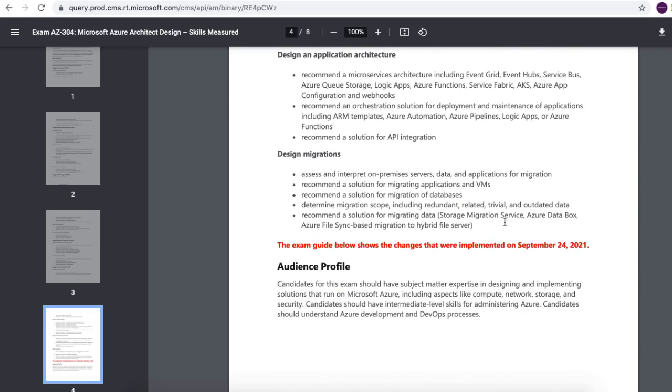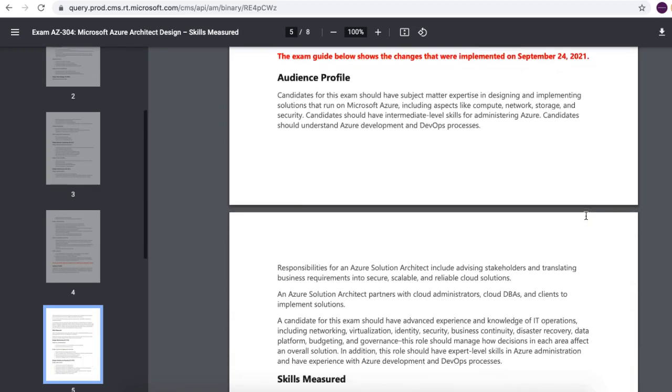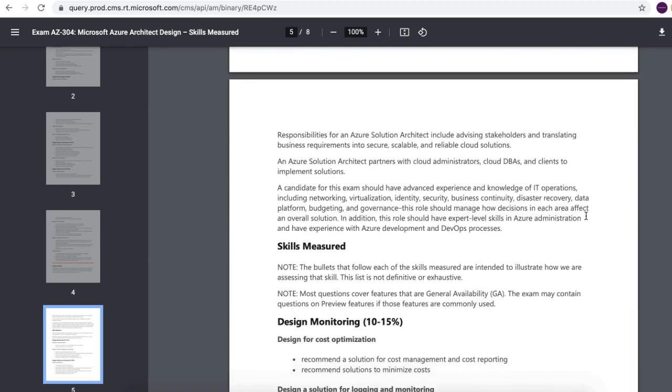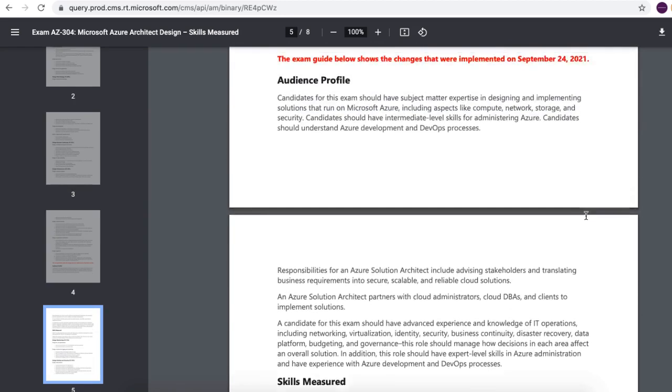But yeah, those are the main topics that came up in the exam. As you can see, quite a lot from what we just covered here. So just make sure you are prepared.